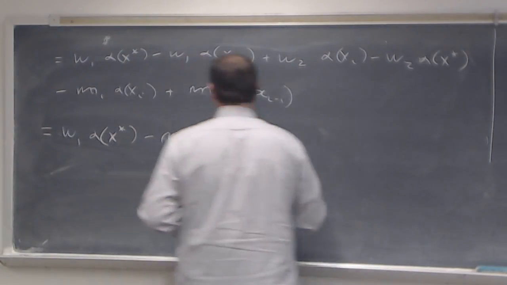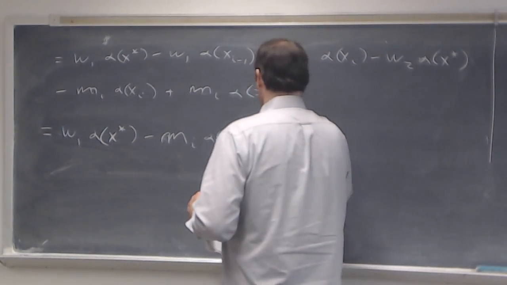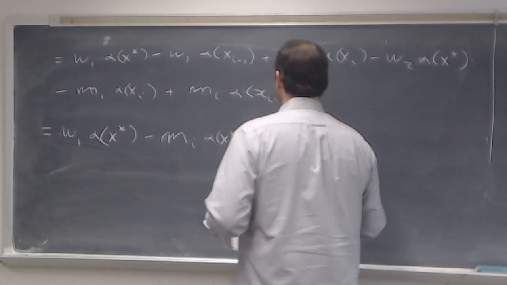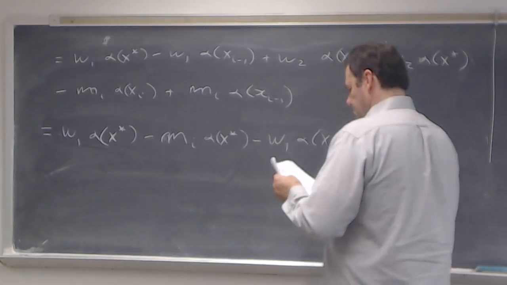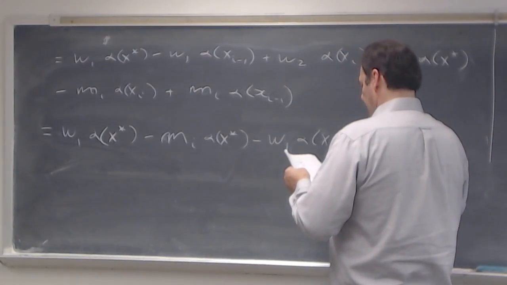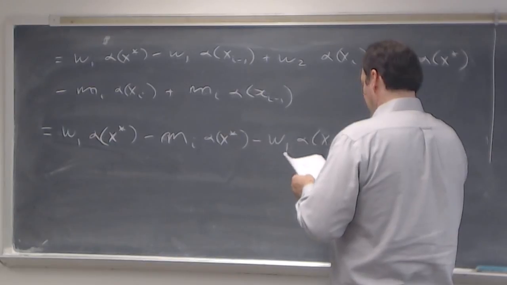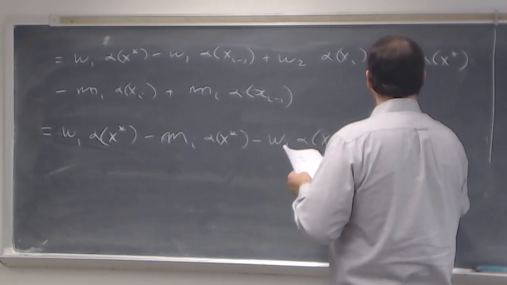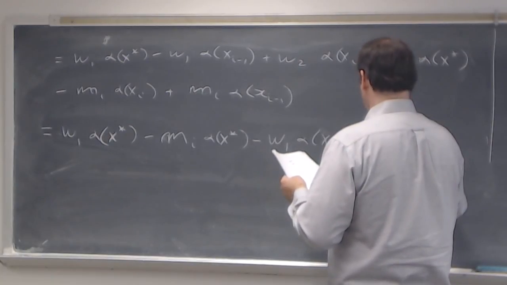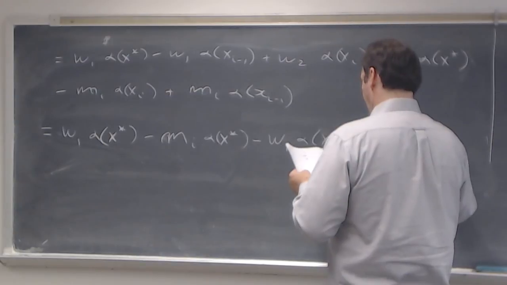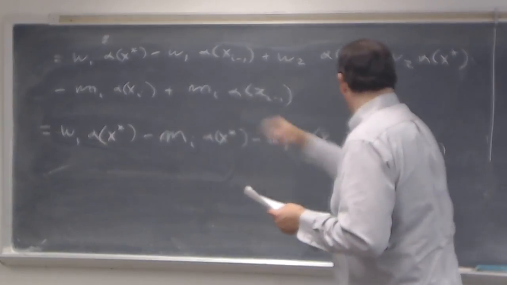I'm going to add that a little later. But this term I'm going to write in, W sub 1 alpha x sub I minus 1, and then plus m sub I alpha x sub I minus 1, so this term is what I'm writing next.